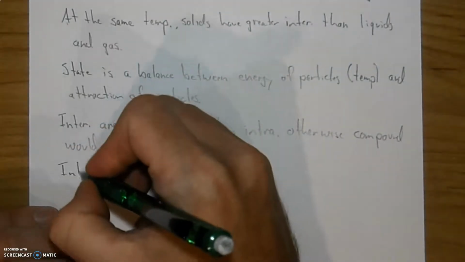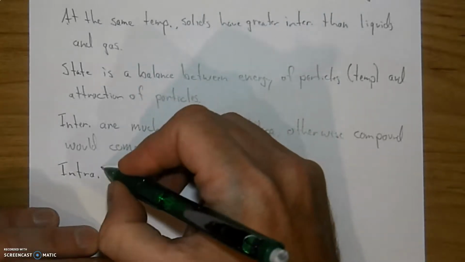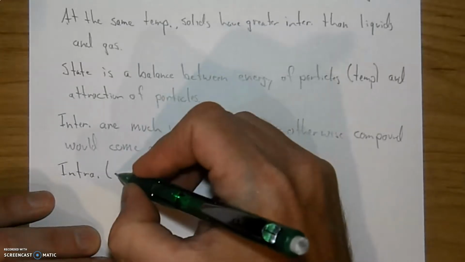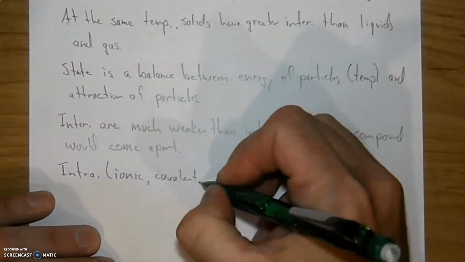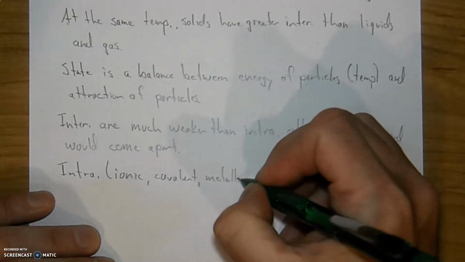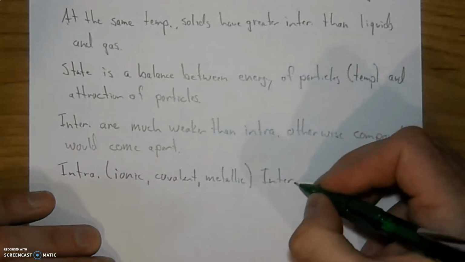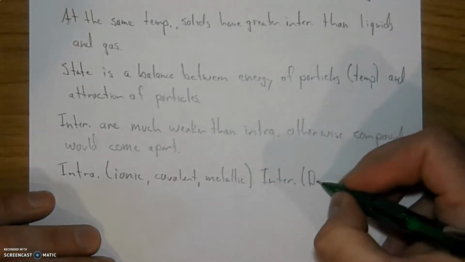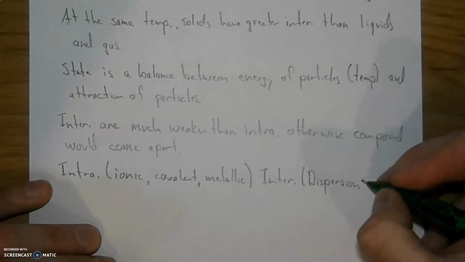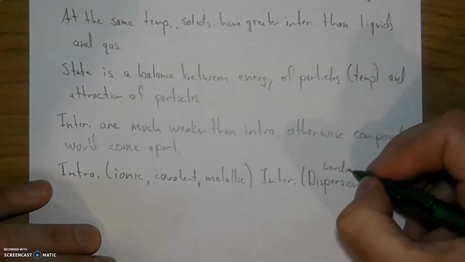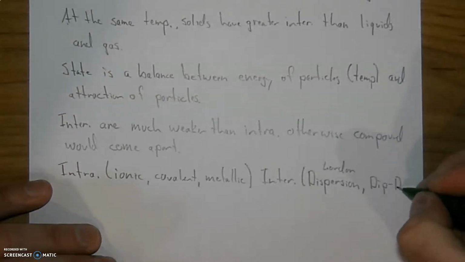Intra, again, is the ionic, covalent, metallic. I'm not going to write that again. Well, I guess I will. Ionic, covalent, metallic. And the inter, this is the first time we'll be specific here, which is why I'm writing this down, is dispersion, also known as London, and dipole-dipole.